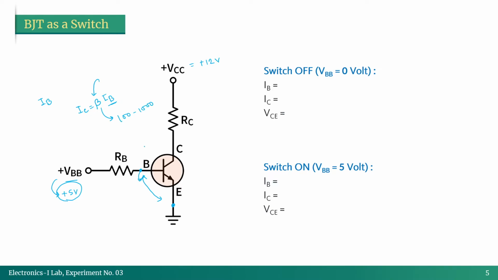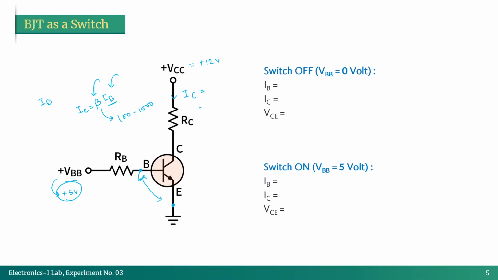So that means if I give some kind of current IB at the base, obviously that will be amplified by some factor, and that value will be coming through our collector branch here as collector current. Okay, so there will be some current at the collector branch IC.